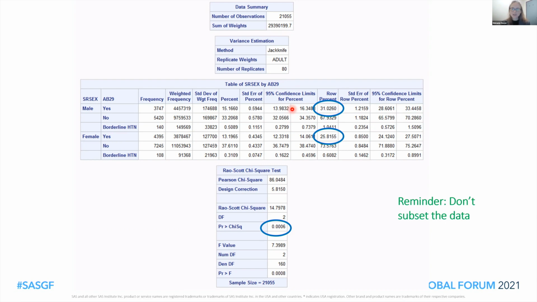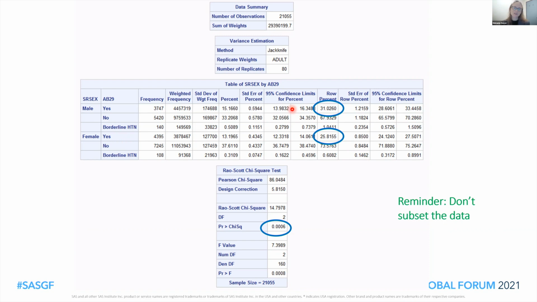So as a reminder, we don't want to subset the data. In this case, to get the percentage of men and women with hypertension, we used a crosstab. We don't want to create a new data set of only women to get the percent of hypertension among women.